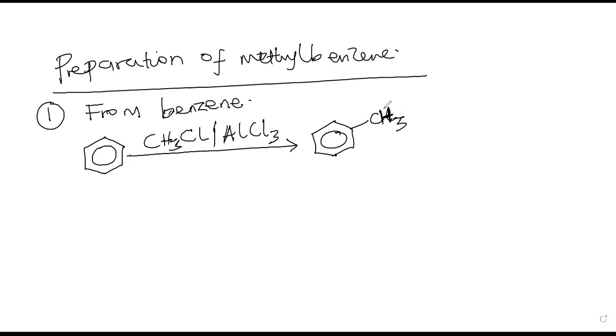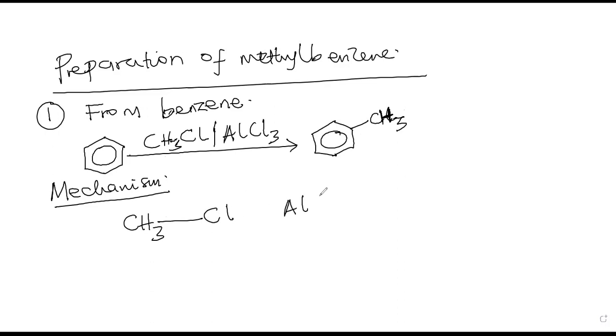So you can carry out the mechanism here. As we saw yesterday, basically the halogen carrier will first react. We need to first bring out an electrophile. So we shall have CH3Cl and then the aluminum chloride.